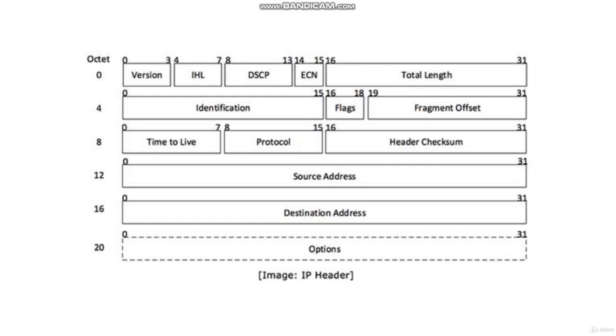Time to live, that is TTL. To avoid looping in the network, every packet is sent with some TTL value. Generally, the TTL value is 64. This TTL value tells the network how many routers this packet can cross. At each hop, its value is decremented by 1, and when the value reaches 0, the packet is discarded.